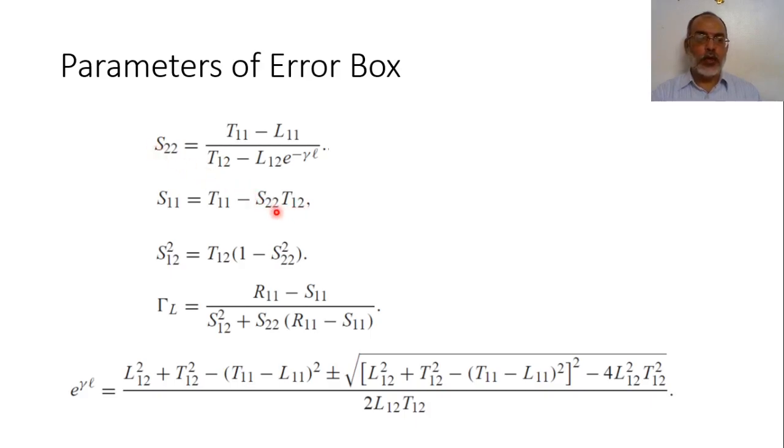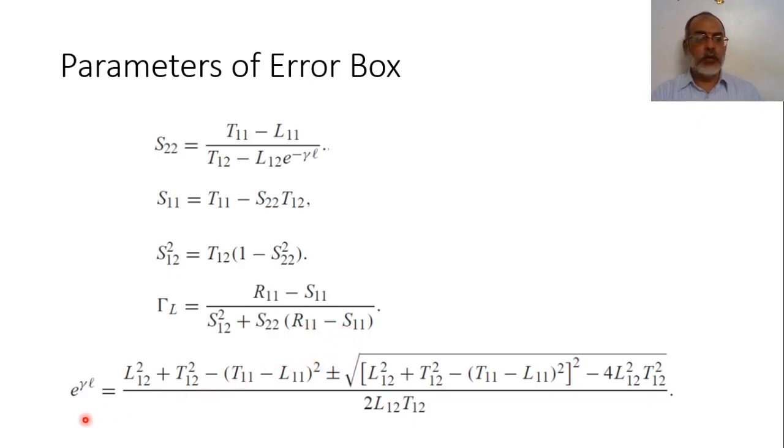From S22 we can obtain S11 as T11 minus S22 multiplied by T12. S22 is the calculated S22 here. T11 is S11 at the through, and T12 is S21 at the through. Finally, S12 squared is given by T12 minus 1 multiplied by 1 minus S22 squared, and gamma load is given by R11 minus S11 over S12 squared plus S22 multiplied by R11 minus S11.